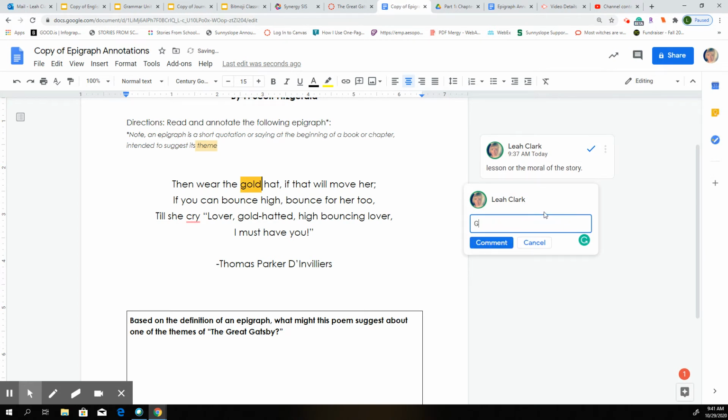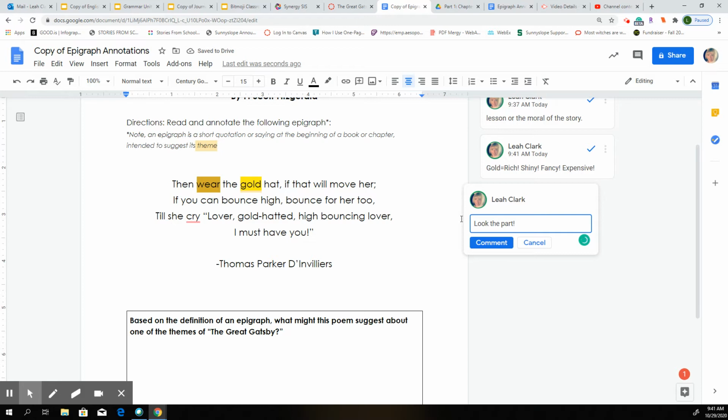When I think about gold, I think about rich, shiny, fancy, expensive. That's what gold sort of signifies to me. When I think about wearing that hat, look the part.